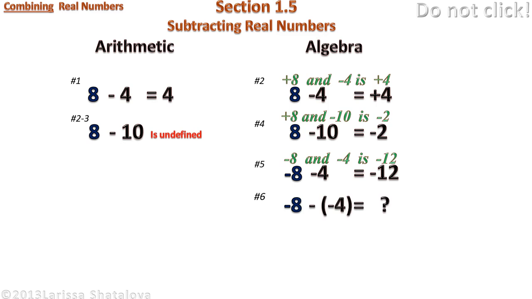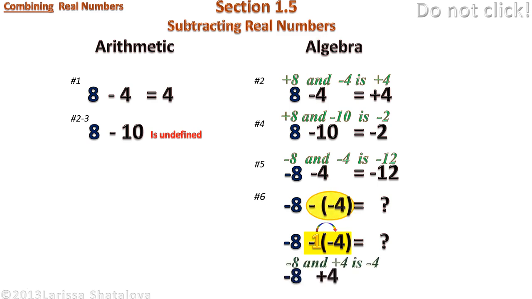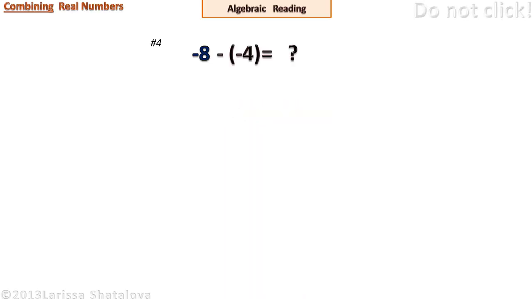And problem number 6. We have negative 8 and then we have a special situation because we have parentheses. And now we know how to remove parentheses using product rules. So now we know what to do. We have to remove parentheses first. Now let's work out example number 4.